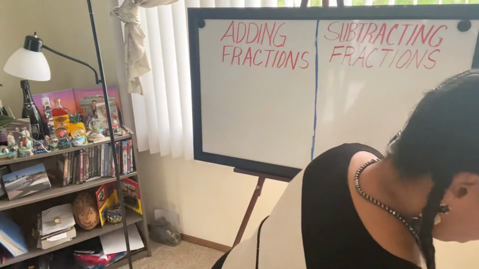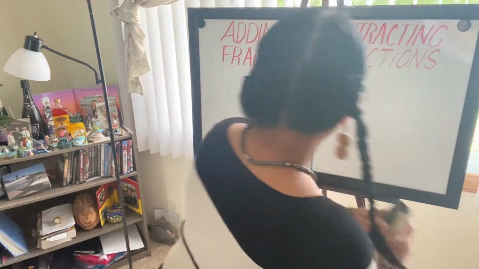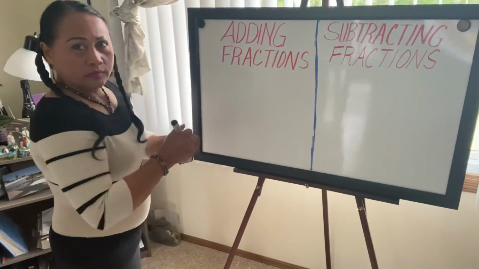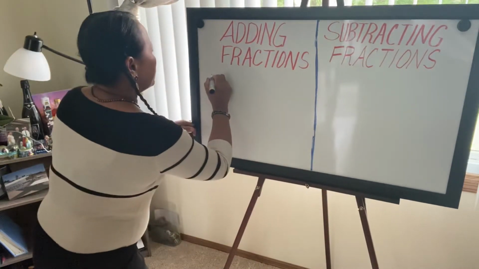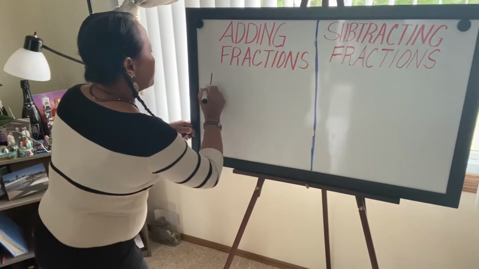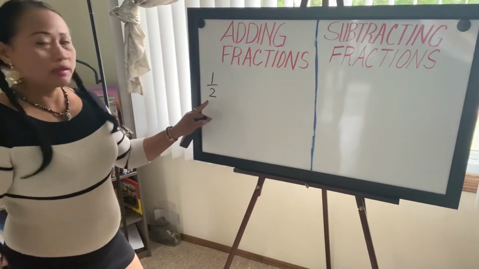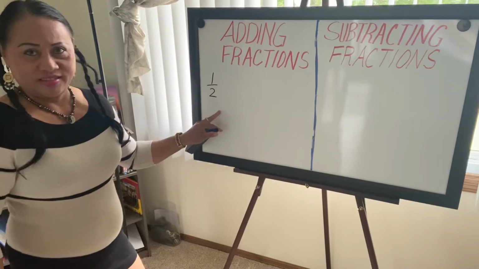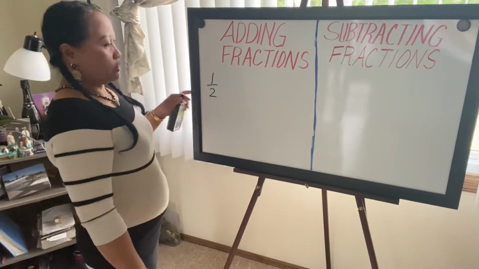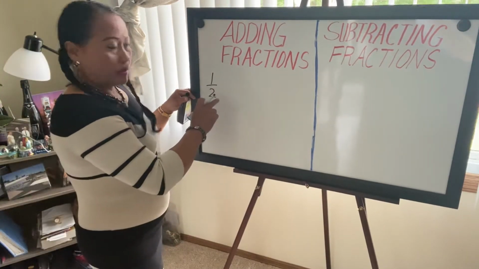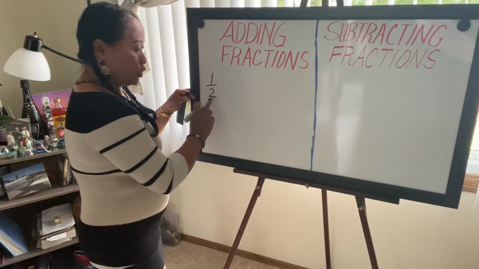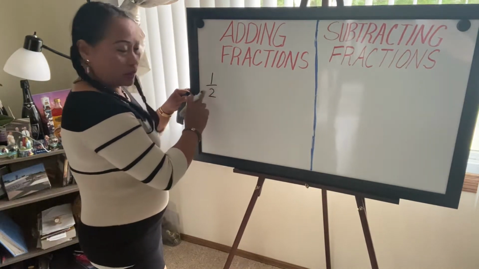I'll give you an example here. Example, like 1/2. This one is a fraction. Okay, so a fraction, this one is a part of this. So the whole is 2.